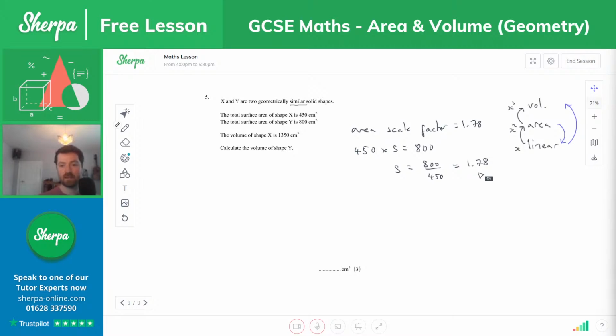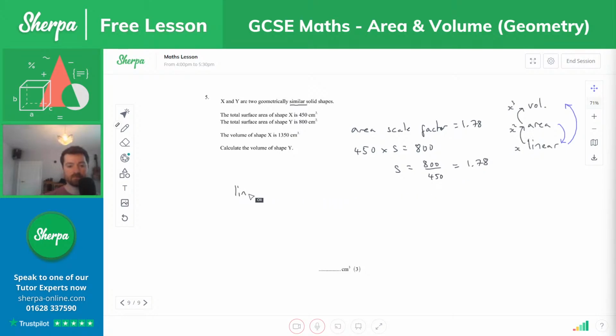So if that's my area scale factor, and I want my linear scale factor, well, I know the area scale factor is the squared version of my linear scale factor, right? So how do I get from this x squared back down to x? All I do is the opposite. I know I square linear to get area, so to get back down to linear again, I take a square root.